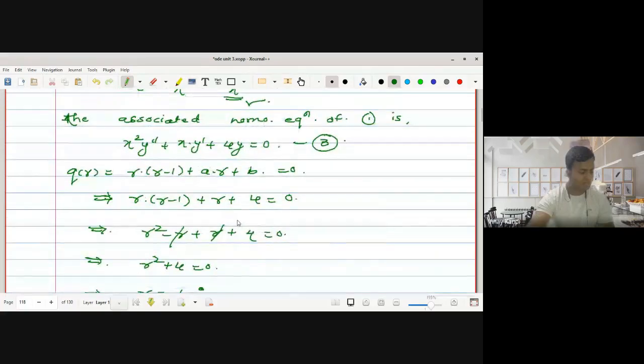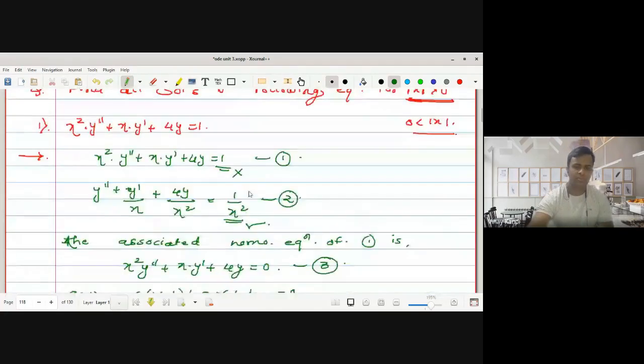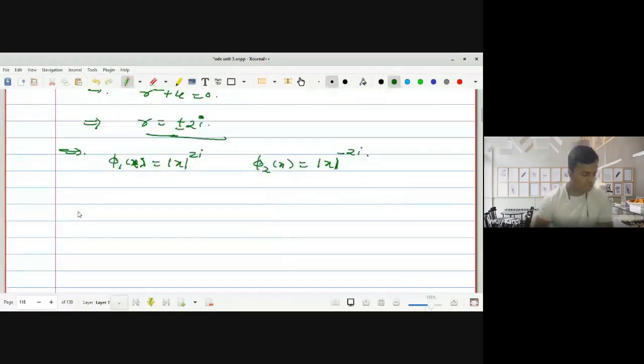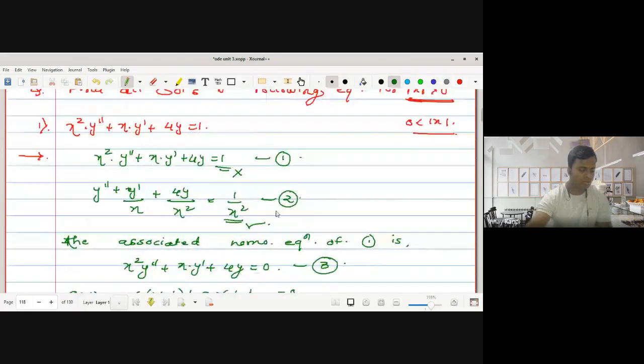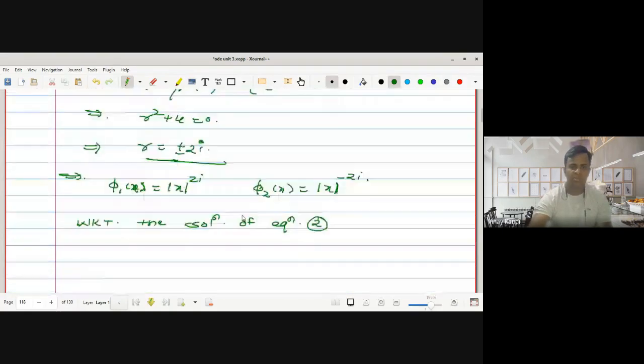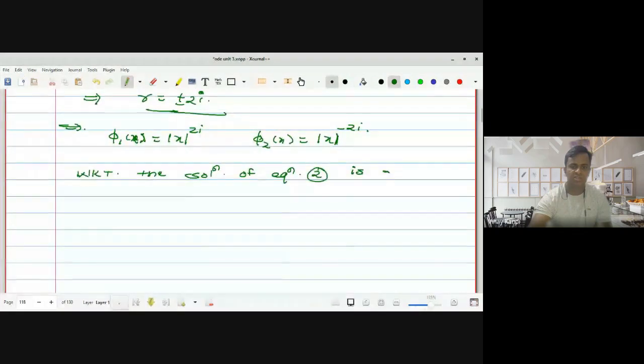We know that the solution of equation 2 is given by psi is equal to psi p plus c1 phi 1 plus c2 phi 2.